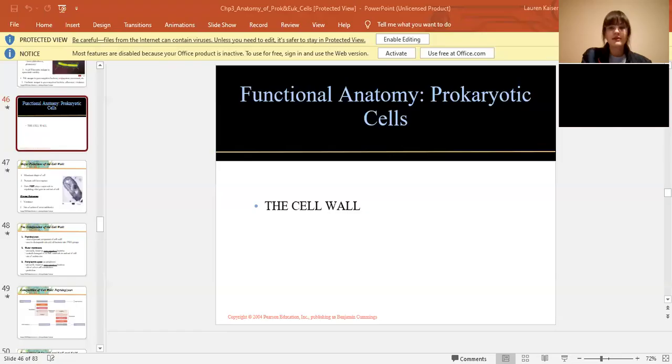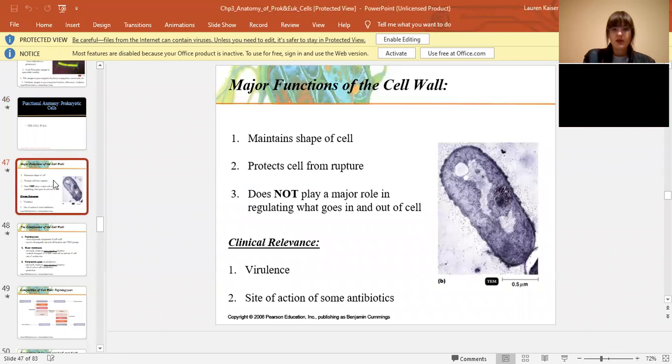So, for the gram-positive, it's going to be because it has more peptidoglycan. So let me kind of walk you through what's going on with cell walls. Obviously we know that it maintains its shape, it protects itself from rupturing, because it's kind of like our skin, right?